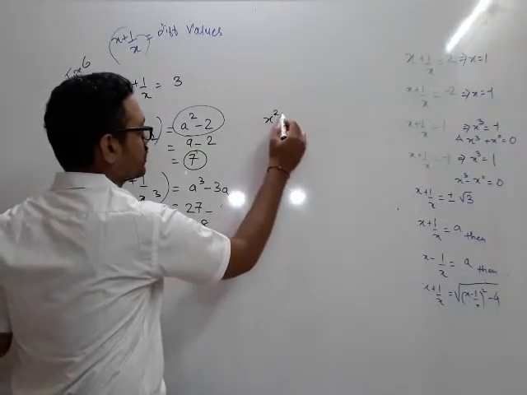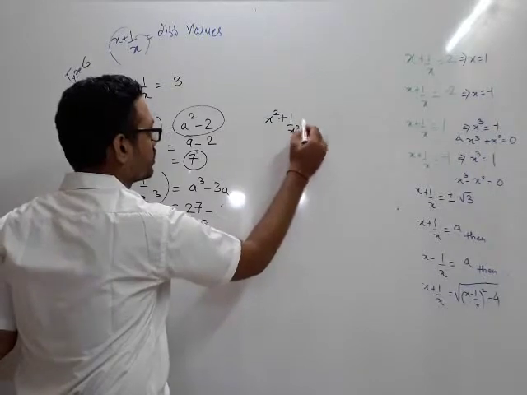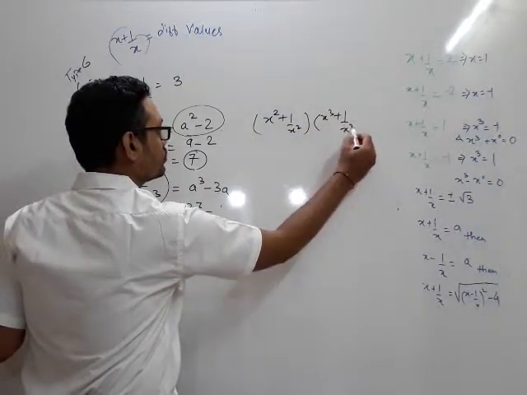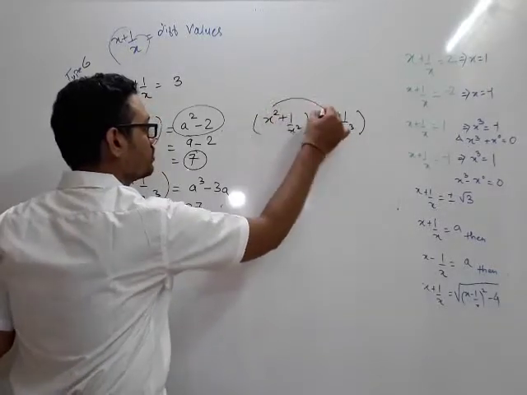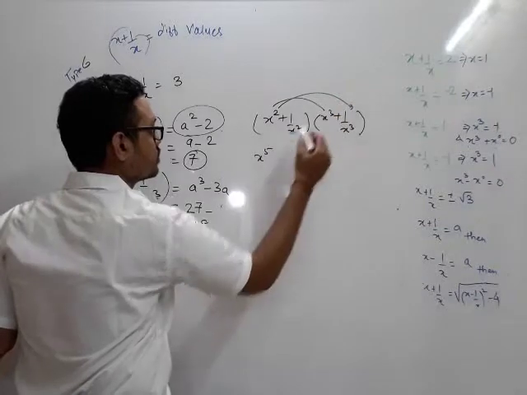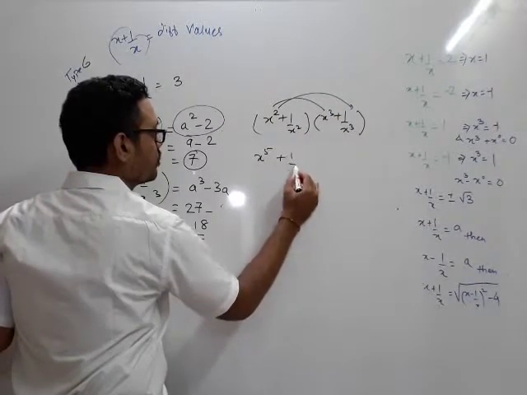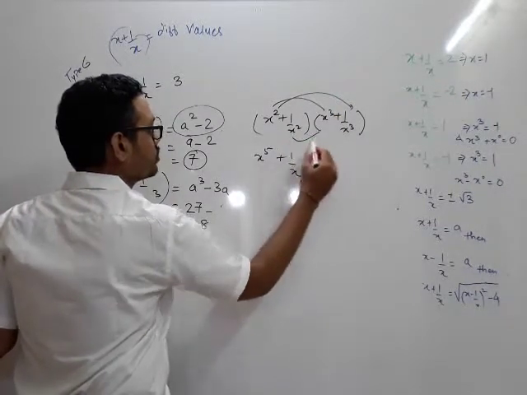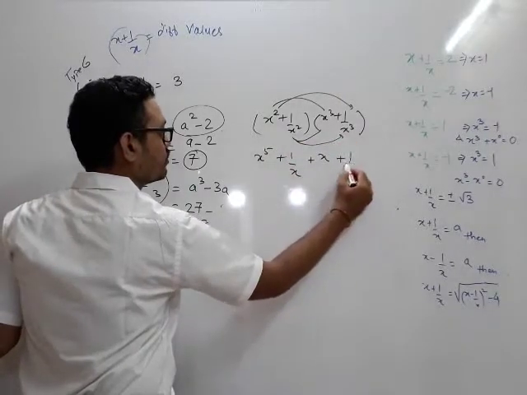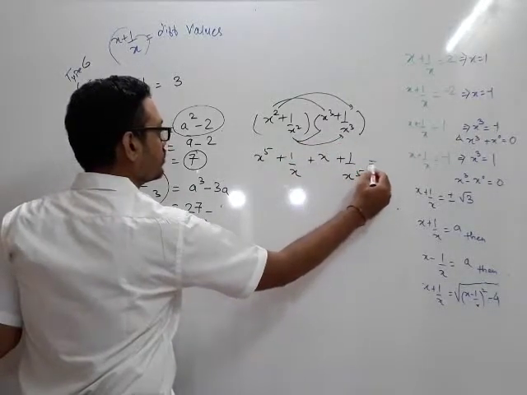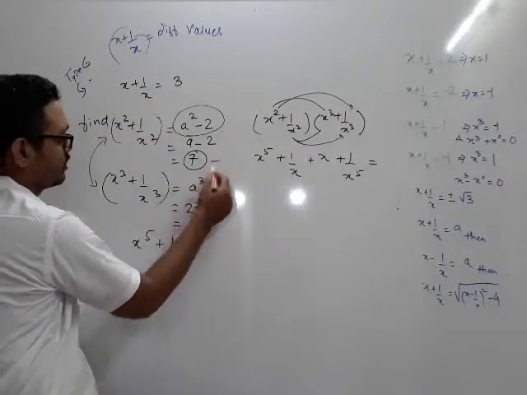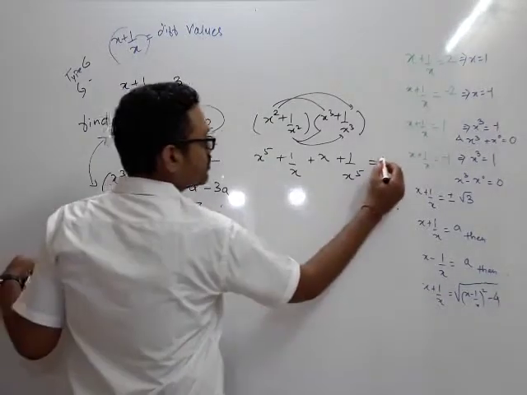Let's multiply x square plus 1 by x square into x cube plus 1 by x cube. What does it come? This into this, x raised to 5, plus this into this, 1 upon x, this into this, x, this into this, 1 upon x raised to 5, which is multiplication of right hand side also. Right hand side is 7 and this is 18.